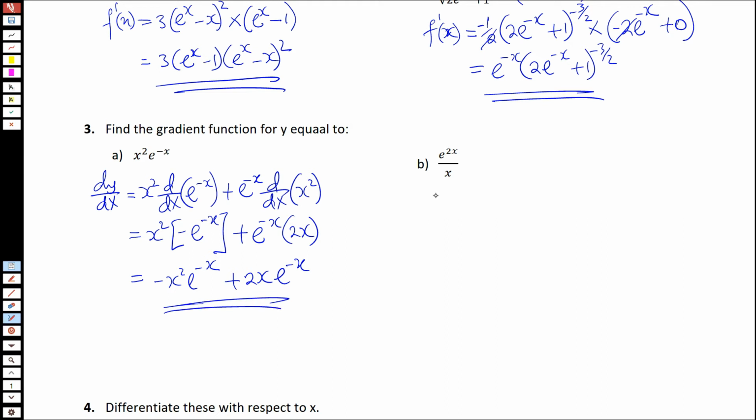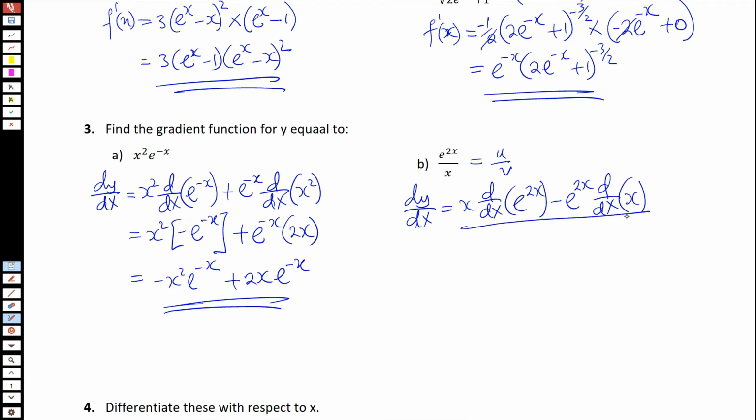In part B, because we have a quotient, we'll have to apply quotient rule. So basically, that will be u over v. So dy over dx by quotient rule will be equal to x d over dx of e to power 2x minus e to power 2x d over dx of x, all this over x squared.